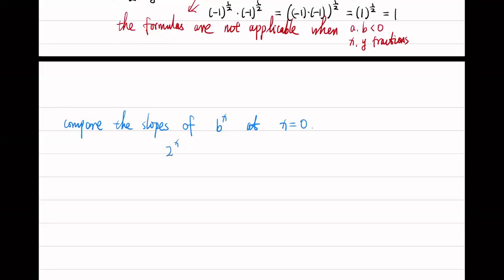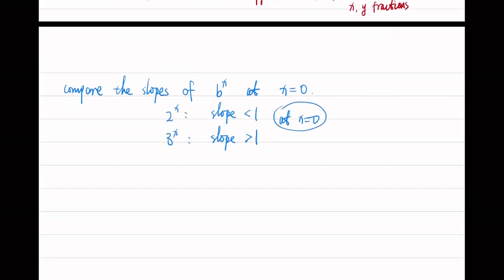So comparing the slope, 2 to the x, slope less than 1. 3 to the x, slope bigger than 1. So both at x equals 0. Because of this, we can find a unique number in between.